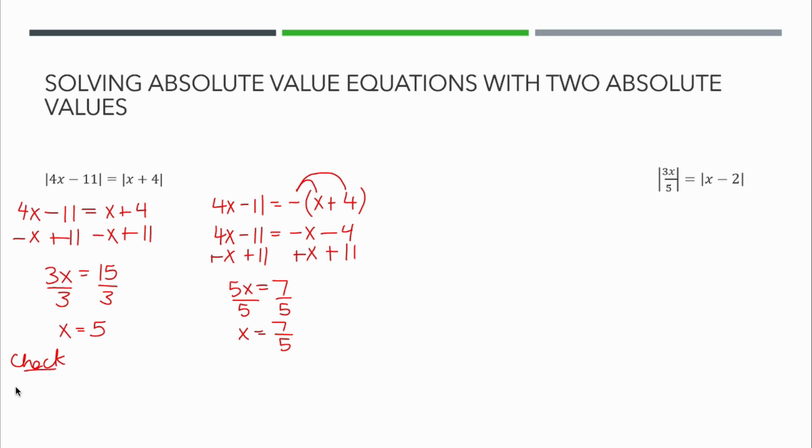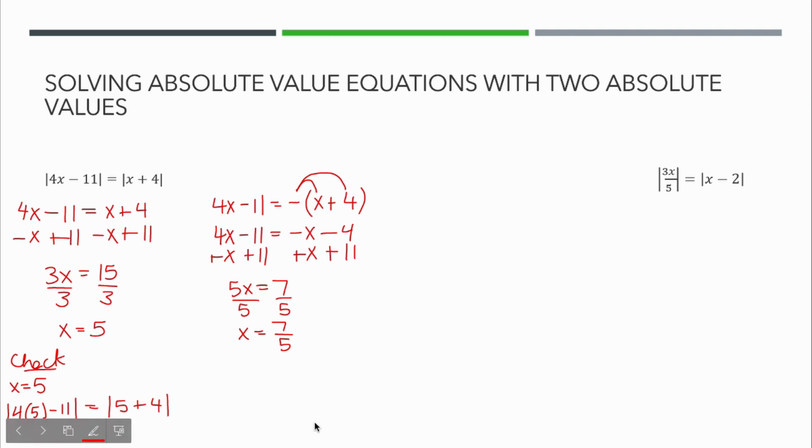I'm going to check x equals 5 first. 4 times 5 minus 11, the absolute value of this entire expression, is equal to the absolute value of 5 plus 4. Okay, we don't know if this is equal to each other.